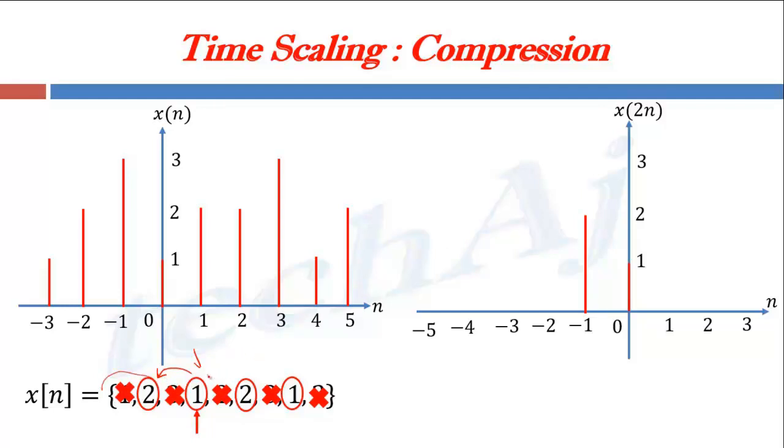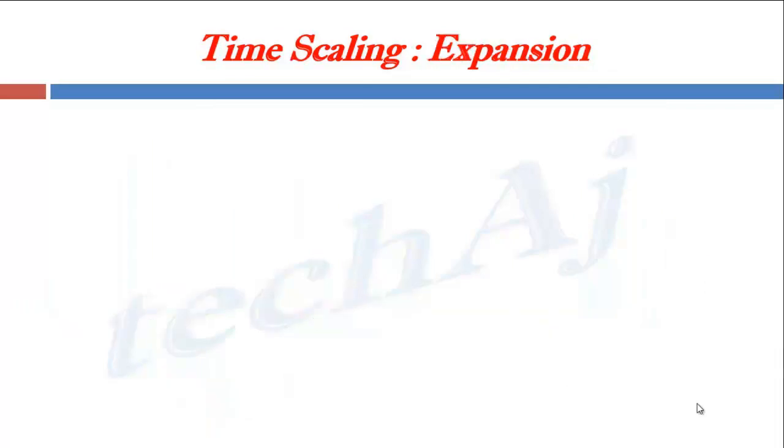Toward the right, the first sample has the amplitude 2, and the next sample has the amplitude 1. So in this way, we will get the compressed signal x of 2n. We can write this in the form of an array as x of 2n having the samples like this, where 1 is the 0th element.